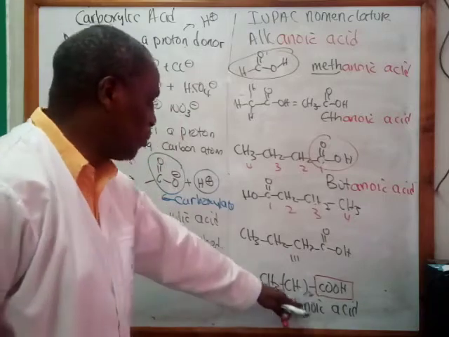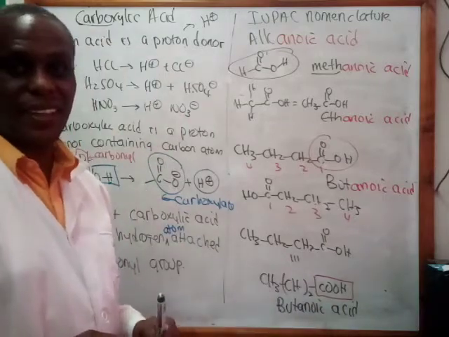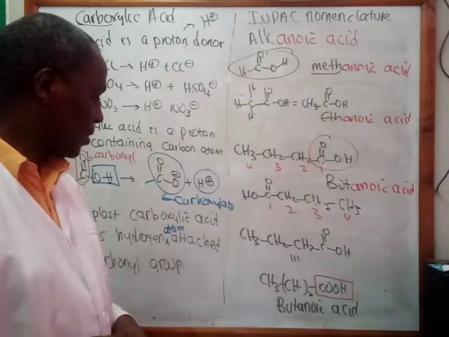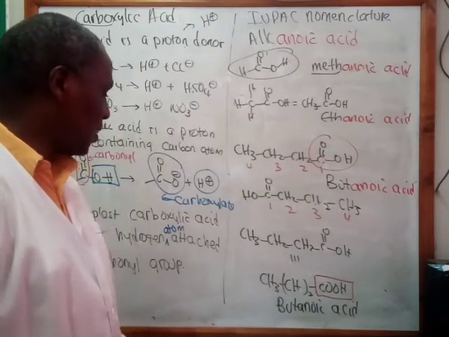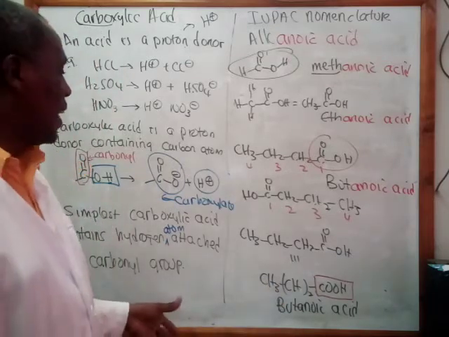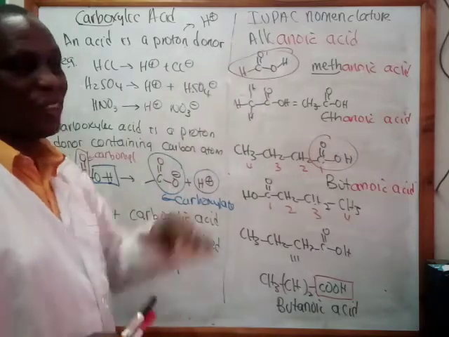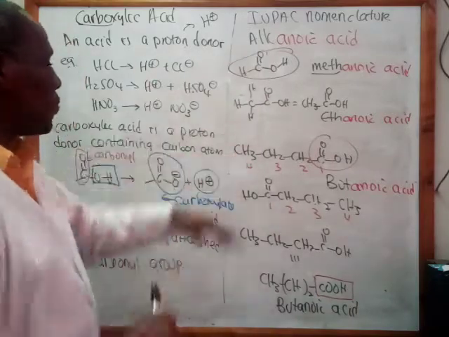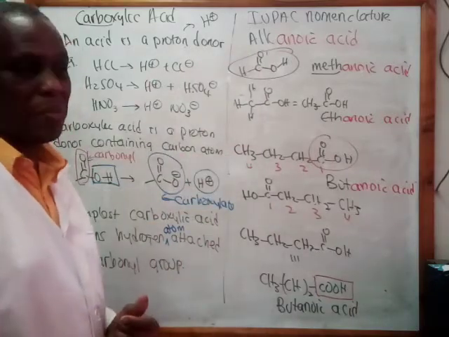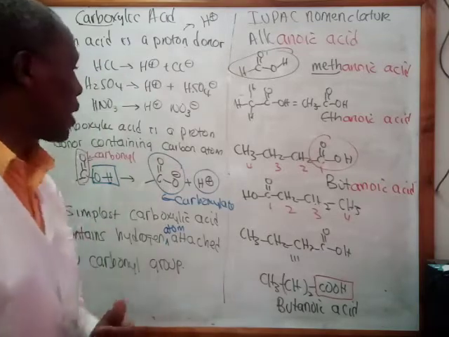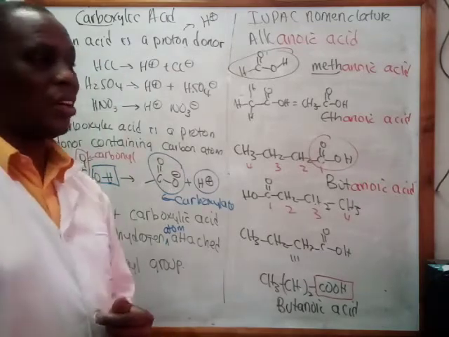This is similar to carboxylic acid. Later we are going to see how we can have different functional groups on the same structure, and how we can name it. But that's as much as I'll talk about the naming of carboxylic acids.